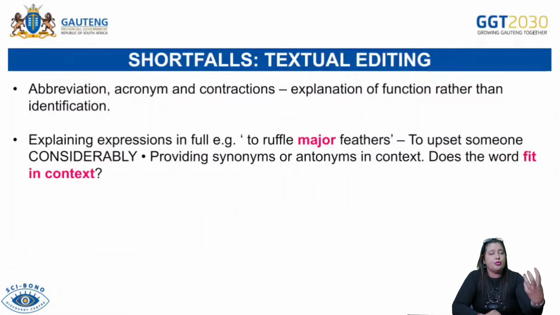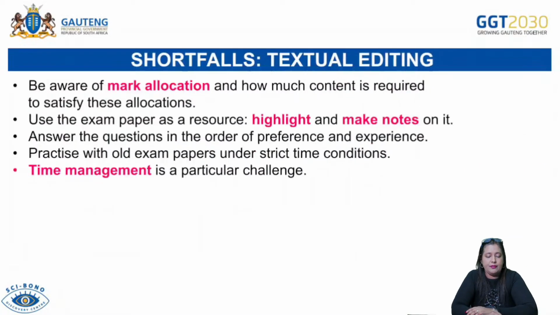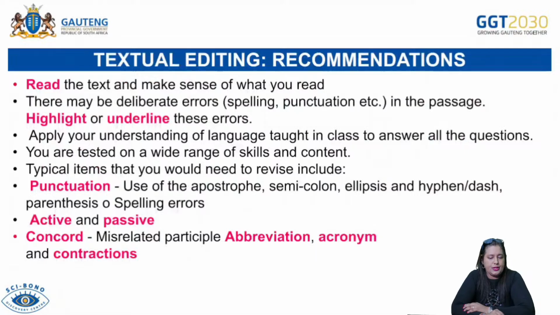All right. Look for antonyms or synonyms in context. Don't just put something there to make it fit. Look at the mark allocation, usually obviously between 1 and 2 marks for this question 5, and then make sure you satisfy that allocation of marks. Highlight, make notes on that question paper, practice with your old examination papers, please, and look at your time management here.